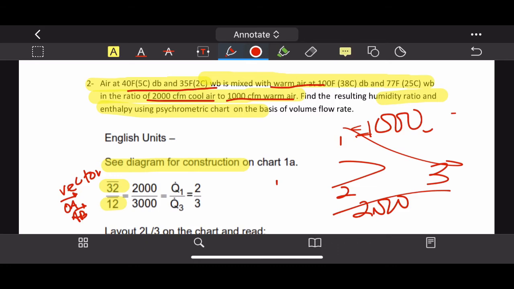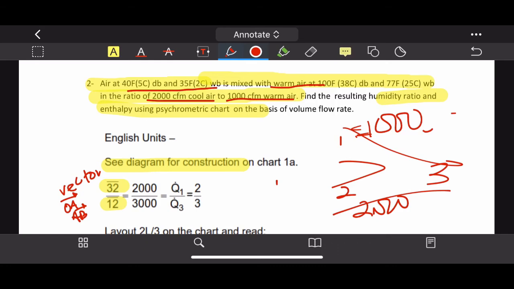So this is a ratio. That means from point 2 to point 3, the CFM of cool air is 2000. From point 1 to point 3 is CFM 1000 for warm air, right? Warm air.